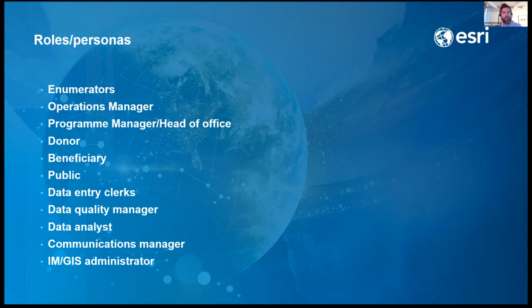We'd identified enumerators, operations manager, program manager and head of office, donors, beneficiary, public, data entry clerks, data quality manager, data analyst, communications manager, and IM or GIS administrator. Certainly during the exercise and the breakout, if you can think of other key personas that we're missing, feel free to contribute those.